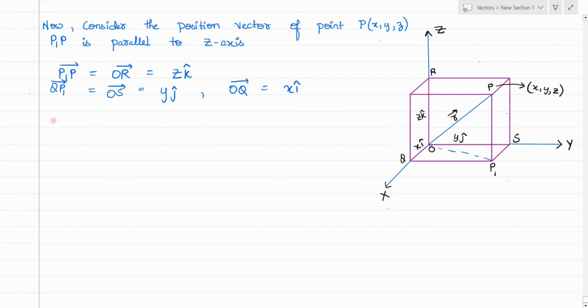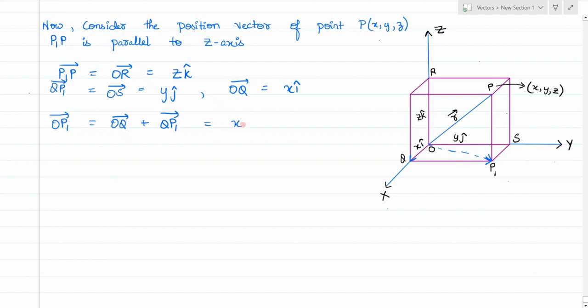Now we can write OP1. This OP1 line can be written as OQ plus QP1. Why? If we consider the triangle OQP1, using the triangle law of addition, OQ plus QP1 is nothing but OP1.